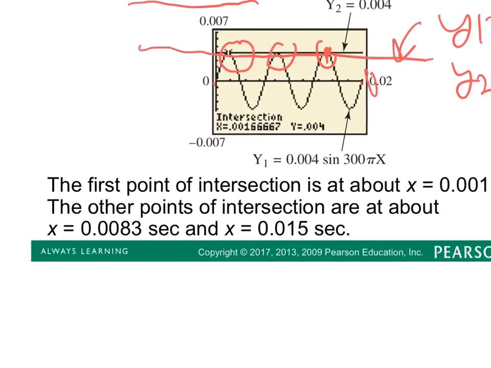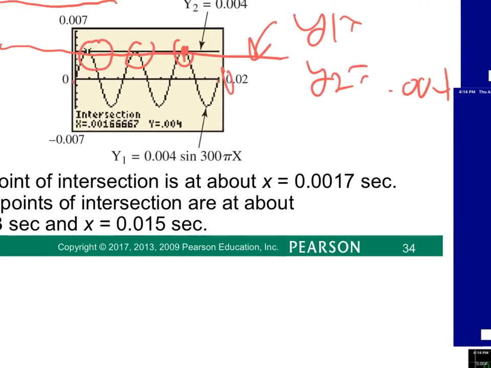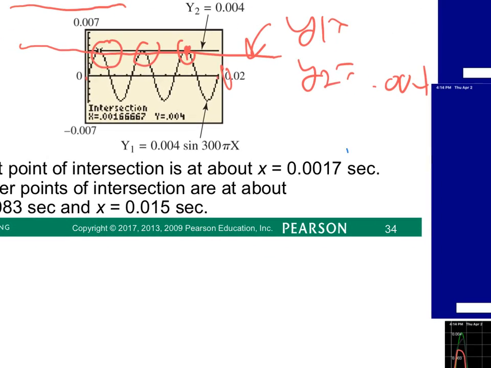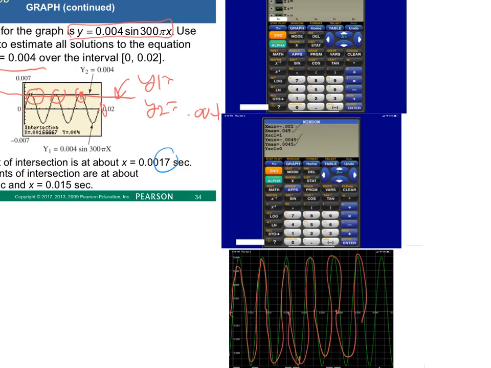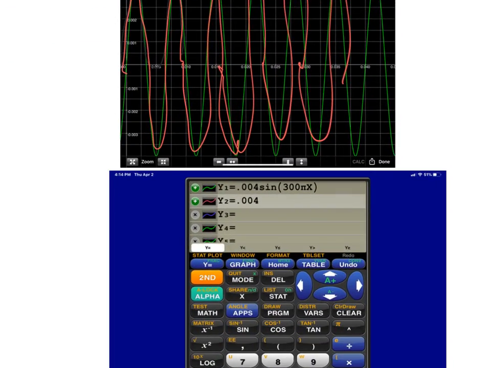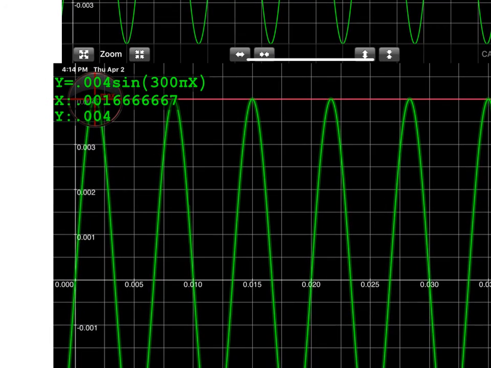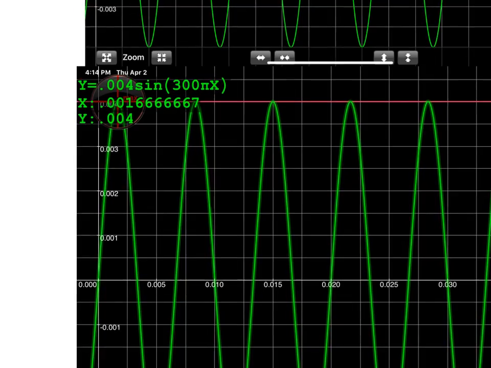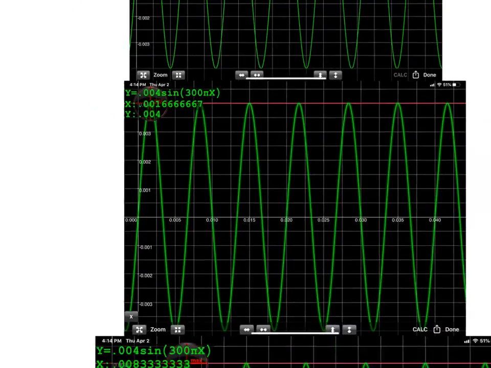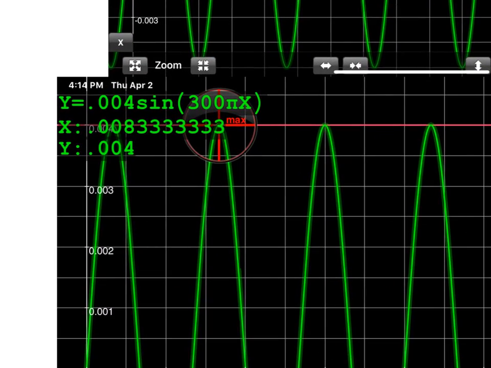0.0016. Let's see, did he find that one in his? He rounded it up to 1.7. That's fine. And then the next one, 0.0017. So he went to 4 decimals. Next one, 0.0083. That stays 83.